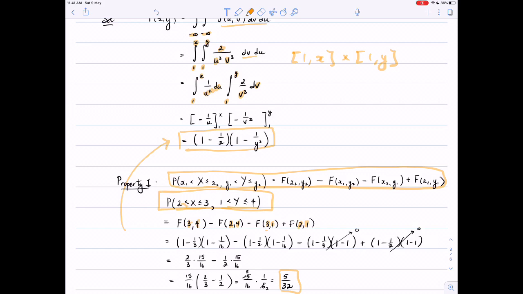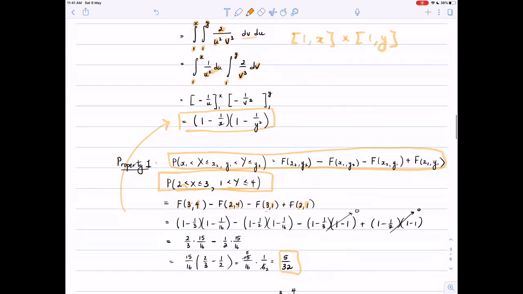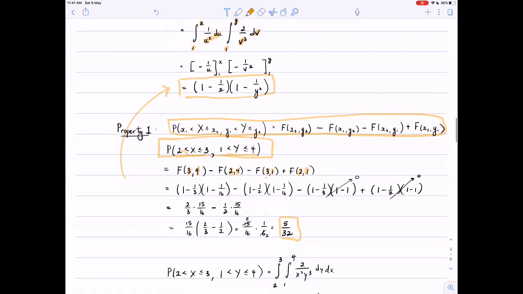We can do it the same way that we would have done it a couple weeks ago, or until the start of this video even. We can do it by integrating. We are looking at a region from 2 to 3 and from 1 to 4, so a rectangle that maybe looks like this, and that is the region that we want to integrate over to find the probability.